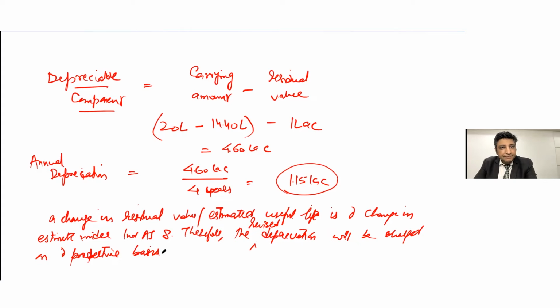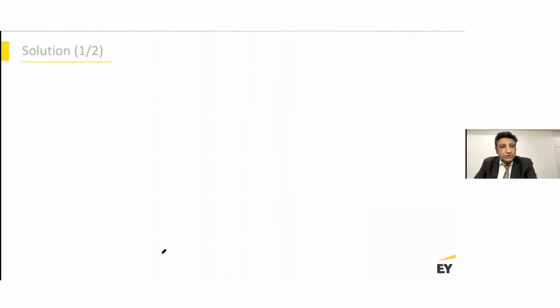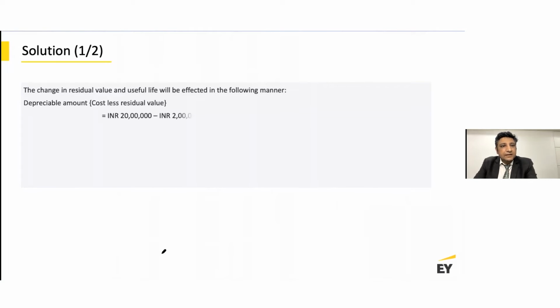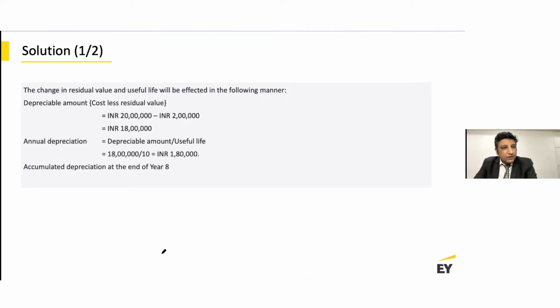All right. Let's have a look at the formal solution, where we're given that the change in the residual value and useful life will be affected in the following manner. Depreciable amount, which is cost less residual value, that is coming to 18 lakh rupees. Annual depreciation would be 1.8 lakh rupees. Total depreciation for 8 years will be 14 lakh 40,000 rupees.